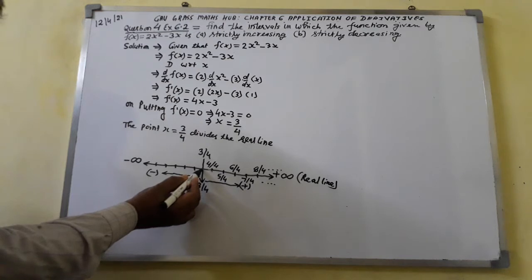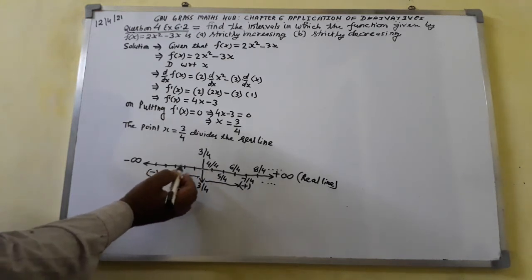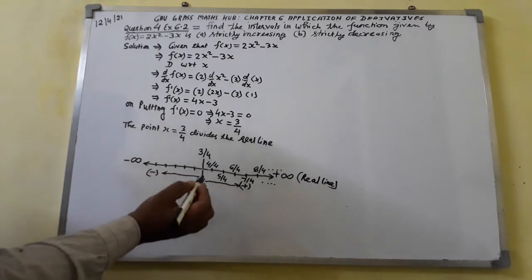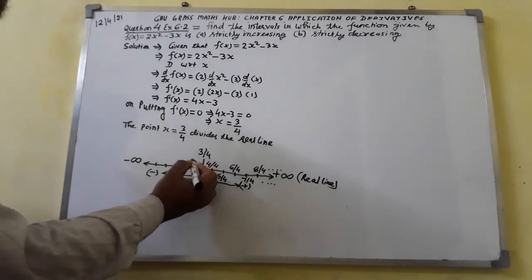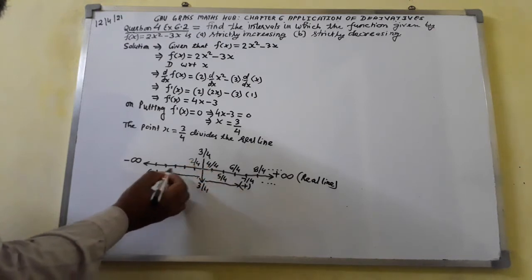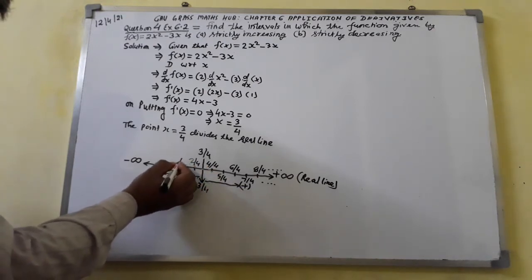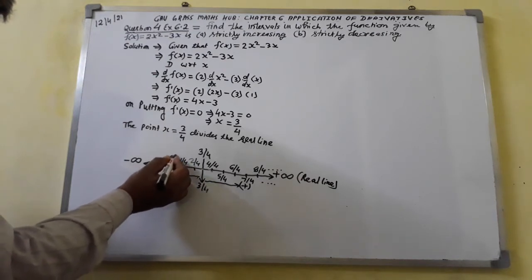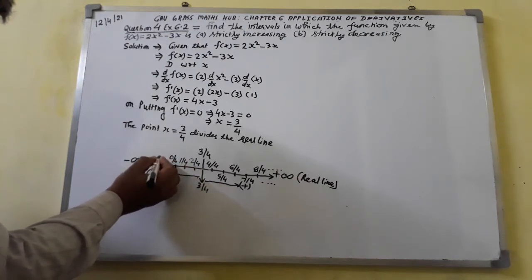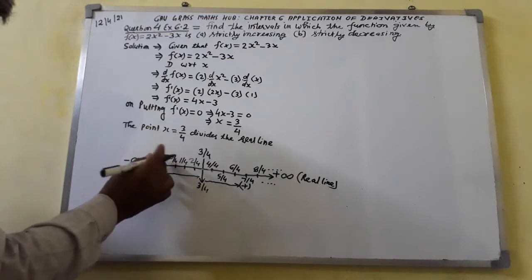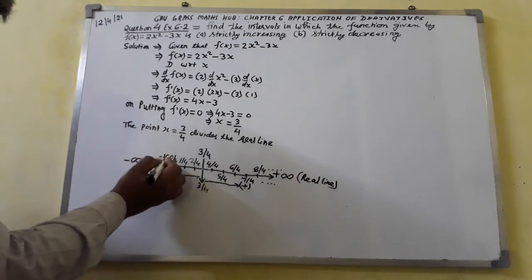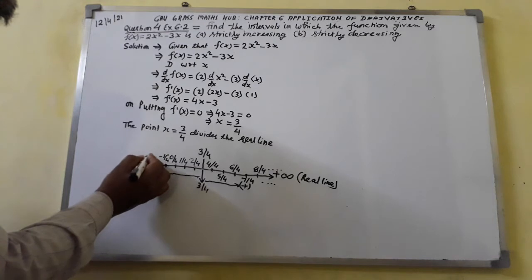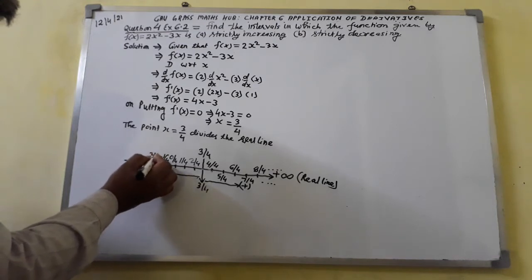Like this, from this point at 3 over 4, if you move towards the left side, this point will be marked as 2 over 4, this point at 1 over 4, this point at 0 over 4, this point at minus 1 over 4, and this point at minus 2 over 4.